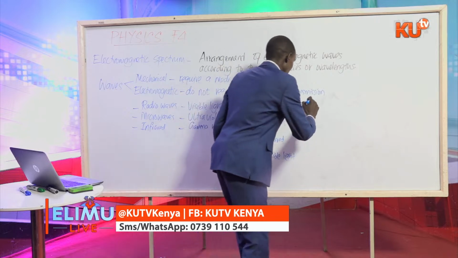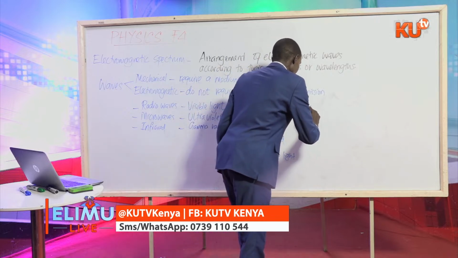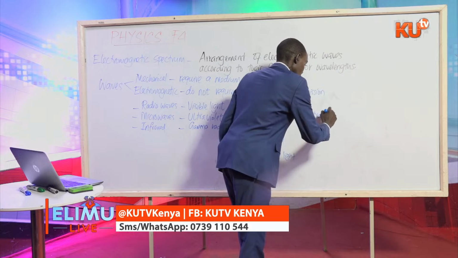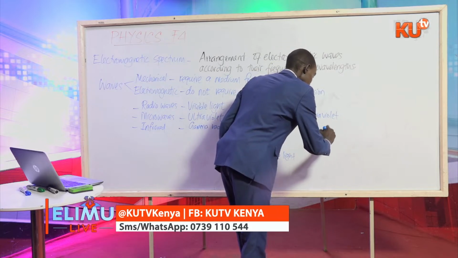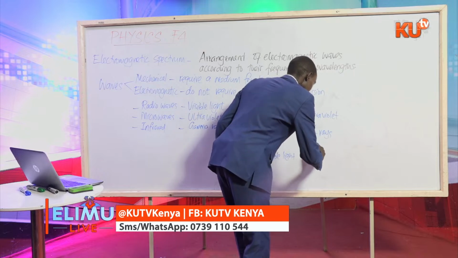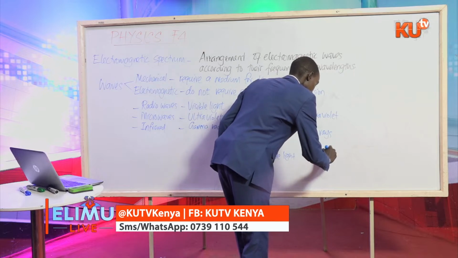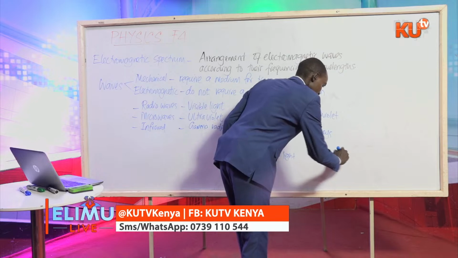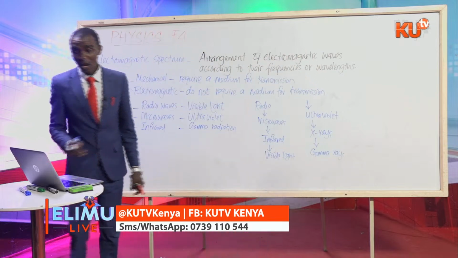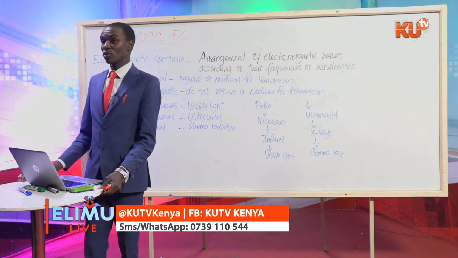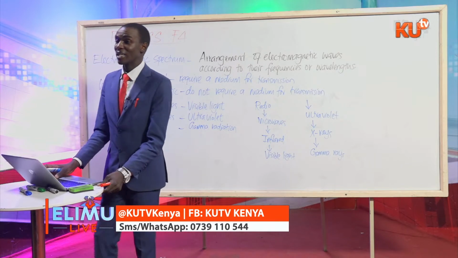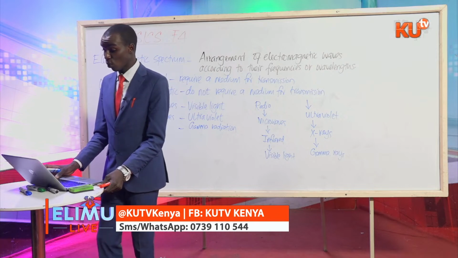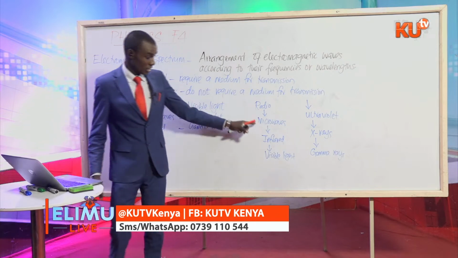Still moving, ultraviolet. We can talk about X-rays and gamma rays or gamma radiation. So when we arrange these waves and radiations in order of increasing frequency or decreasing wavelength, we end up with what we are calling the electromagnetic spectrum.